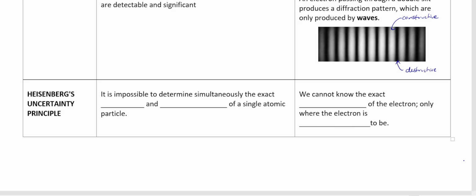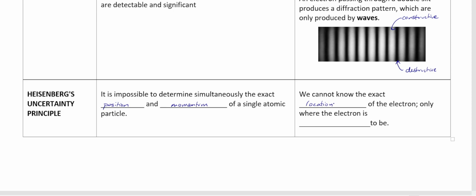Heisenberg's uncertainty principle also contributed to the wave mechanical model of the atom. What Heisenberg said is that it is impossible to determine simultaneously the exact position and momentum of a single atomic particle. So essentially what we get from Heisenberg's uncertainty principle is that we cannot know the exact location of the electron.